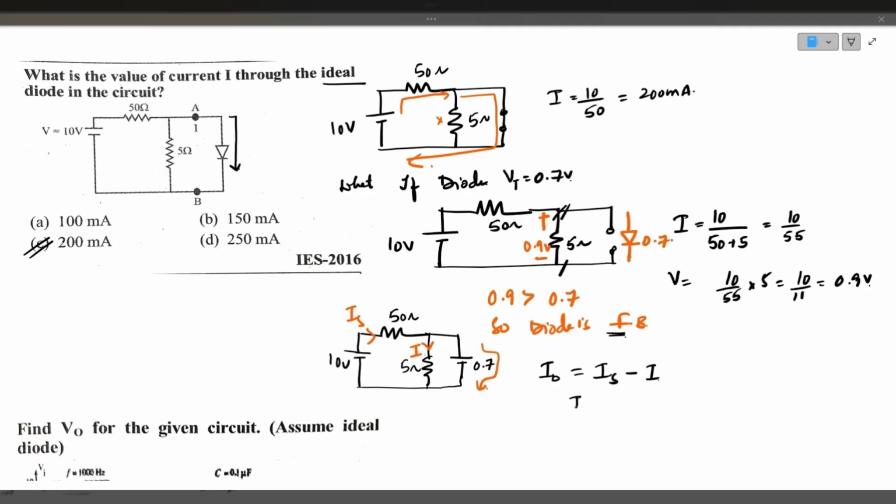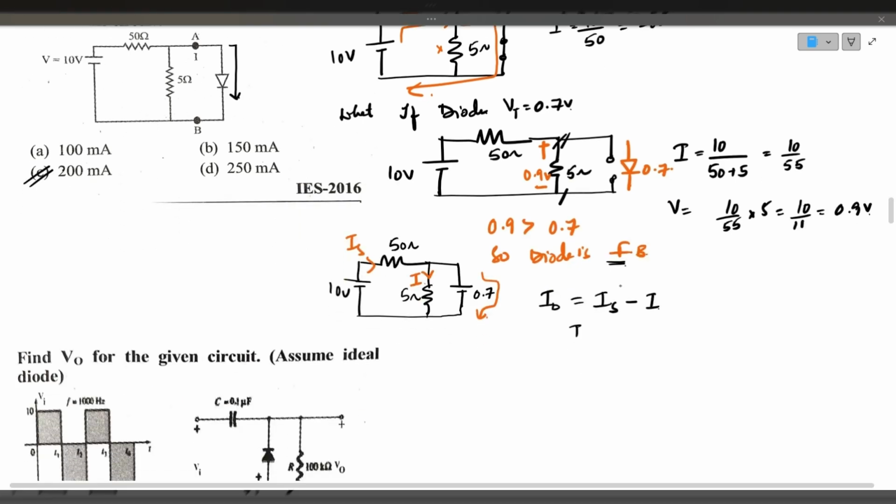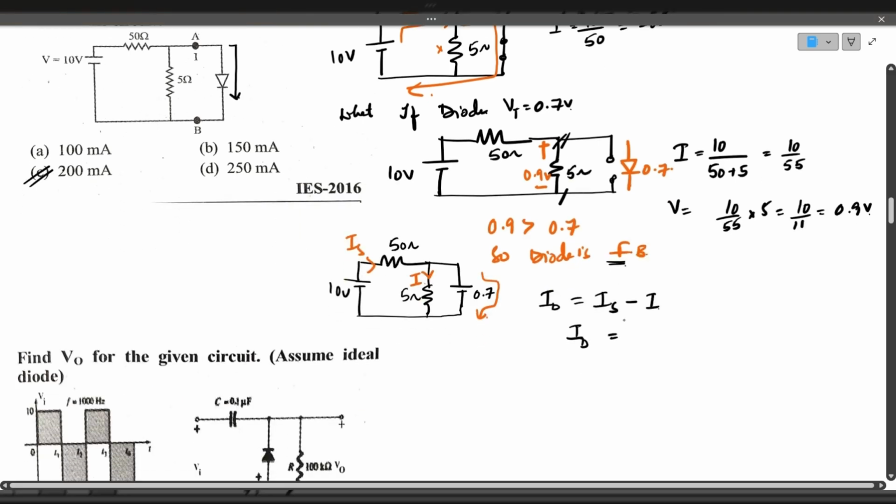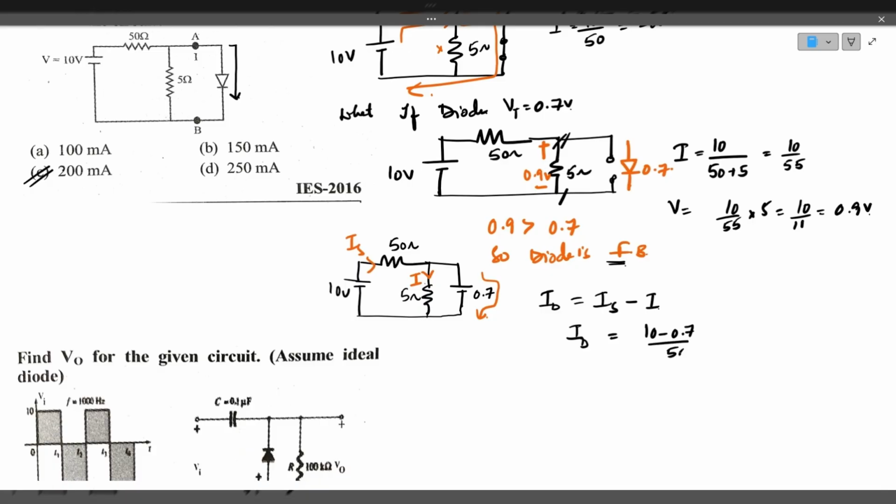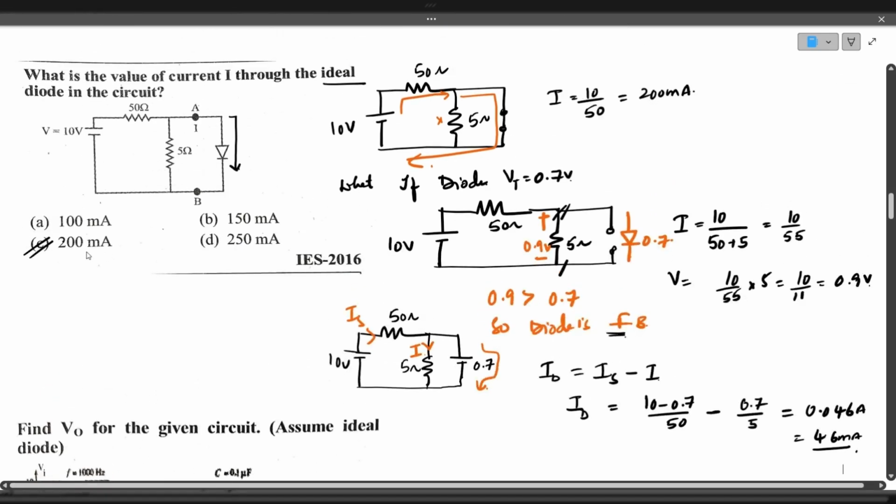So ID is equal to the series current, 10 minus 0.7 divided by 50 ohms, minus the current through the 5 ohm resistor, 0.7 divided by 5 ohms, which comes to approximately 0.046 amps, that is 46 milliamps. So that is the current if the diode is practical. 200 milliamps is the current if the diode is ideal.